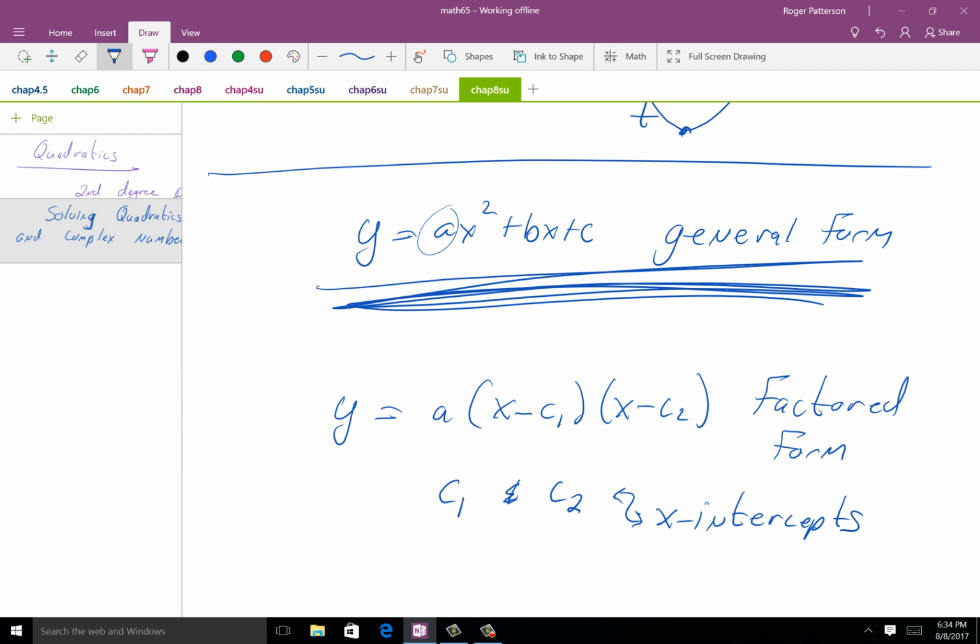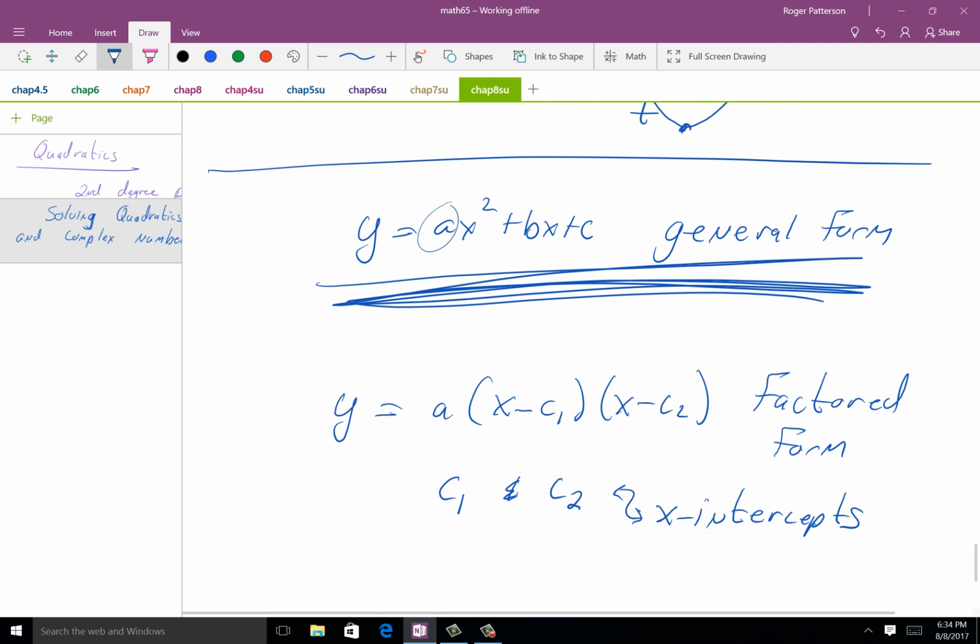But you're not going to have any assignment problems in factored form, so I'm not going to do a whole lot with that. But it's worth mentioning those are your three forms: vertex, general, factored.